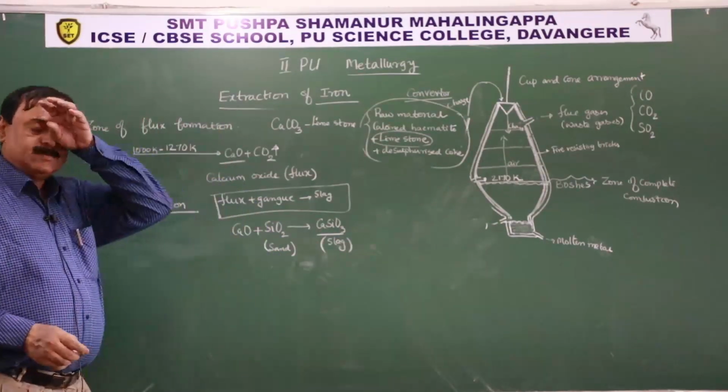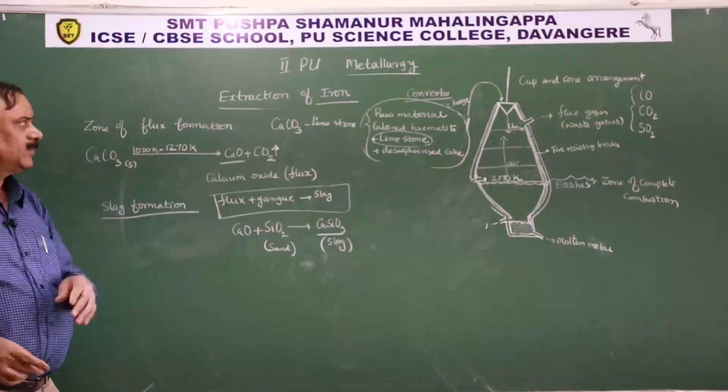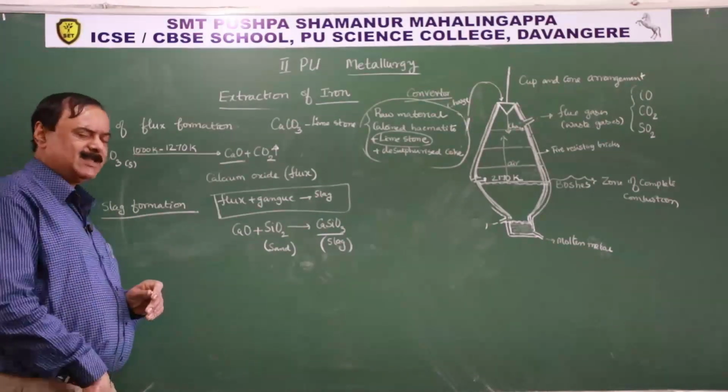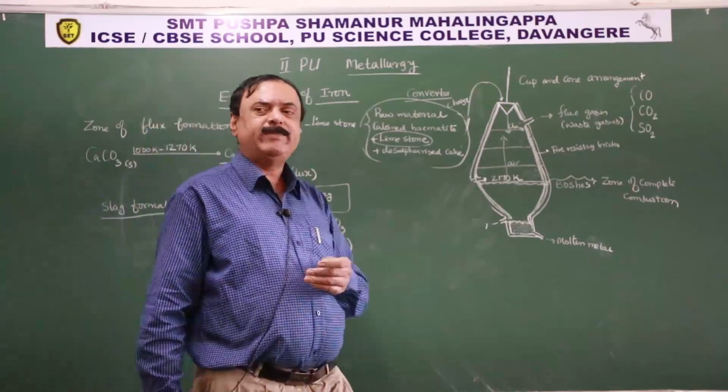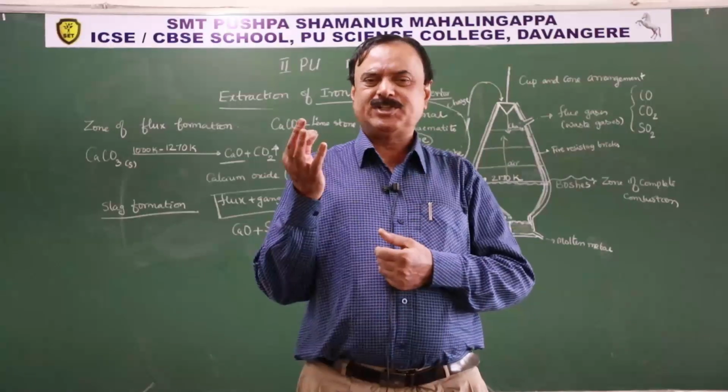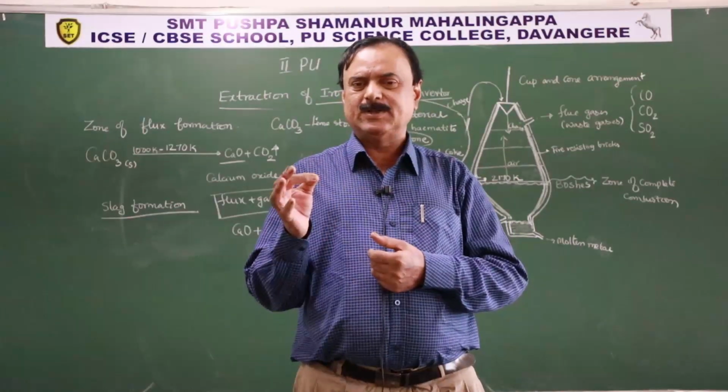Now in iron metallurgy, calcium silicate slag is very important, and they ask a question: name the slag formed during the metallurgy of iron. Calcium silicate is the slag obtained.